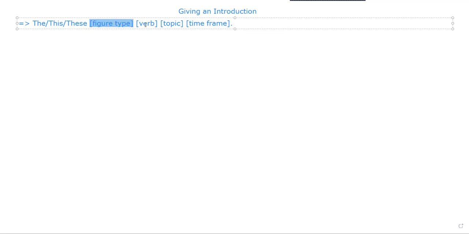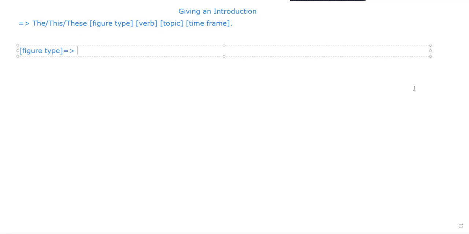figure type, okay. Let's talk about what we mean by this. Figure type means আপনার প্রশ্নের যে ফিগারটা আছে, the specific visual information that you have been provided with, the name of that figure.